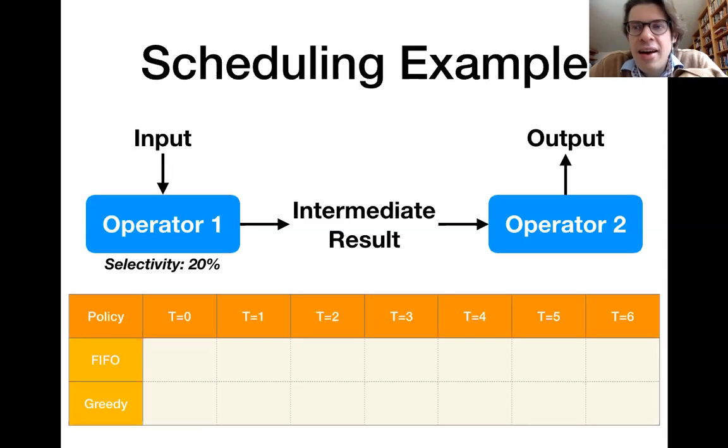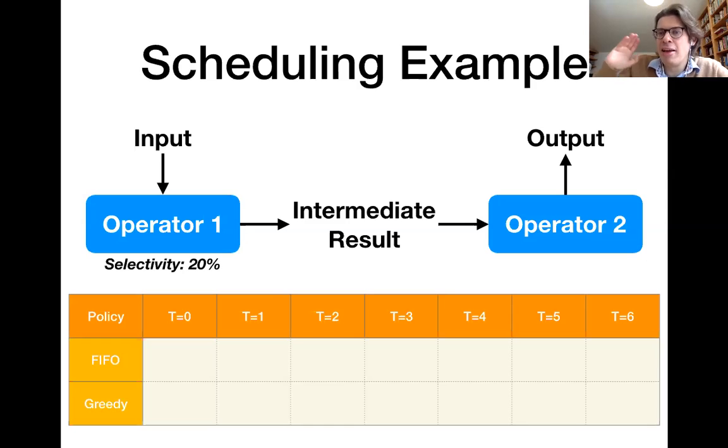In each case, I have two queues in the system that I care about. That's the input queue, the input to the first operator, and this intermediate result queue, which is the output of the first operator and the input to the second operator. I don't care about the final output of the system because that doesn't have to be stored in the system.